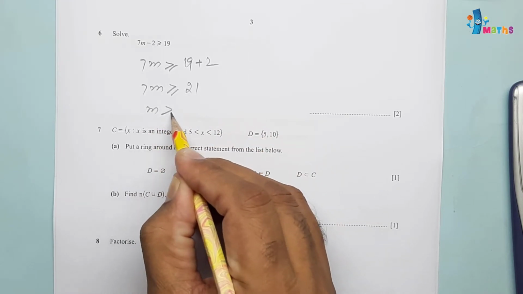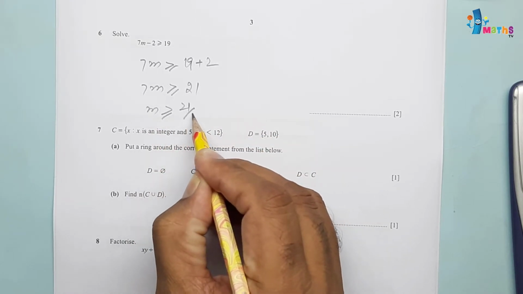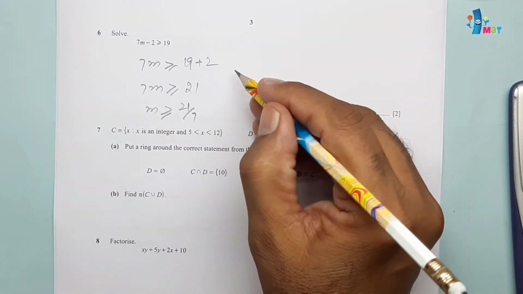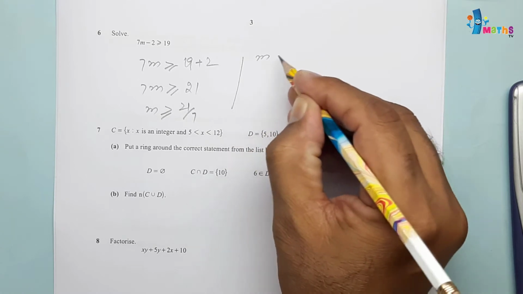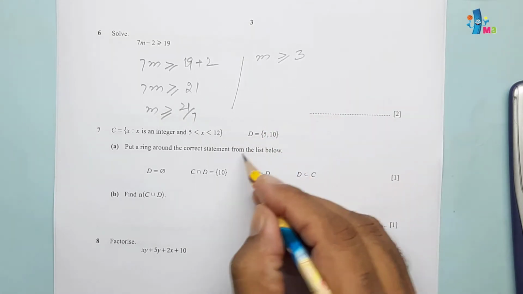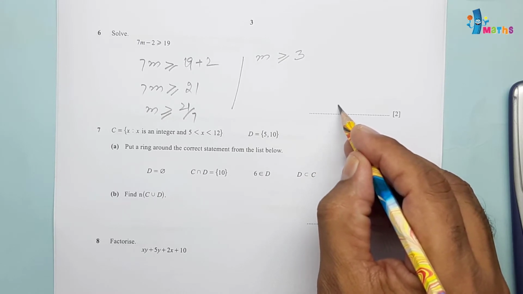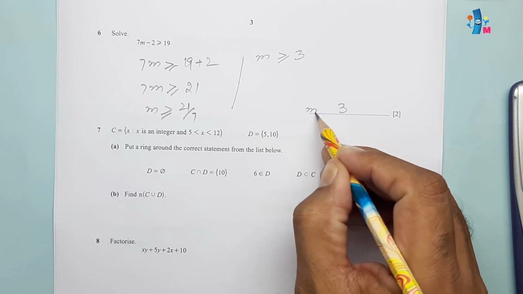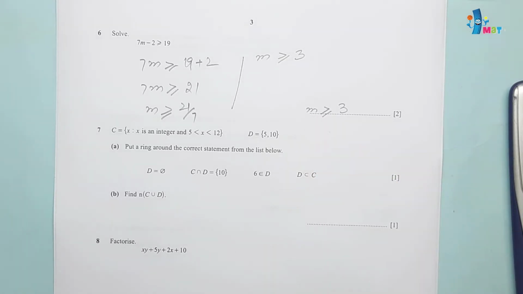So m is greater than or equal to 21 over 7. And we can further write m is greater than or equal to 3. 21 divided by 7 will be 3. So our answer will be m is greater than or equal to 3.